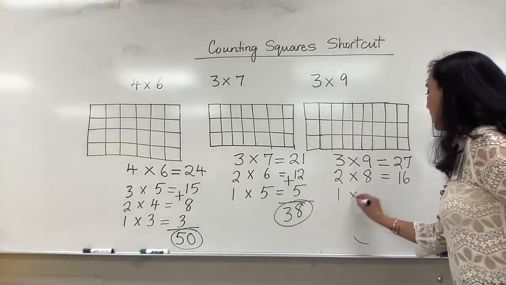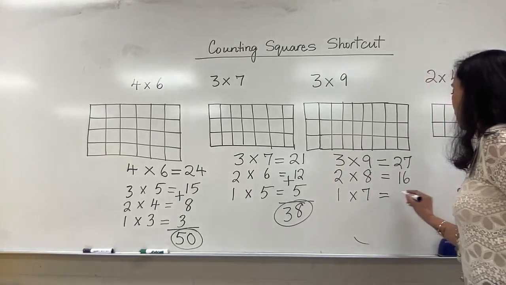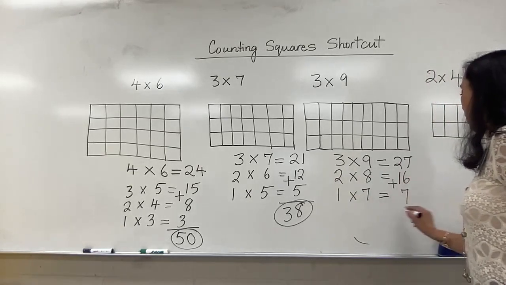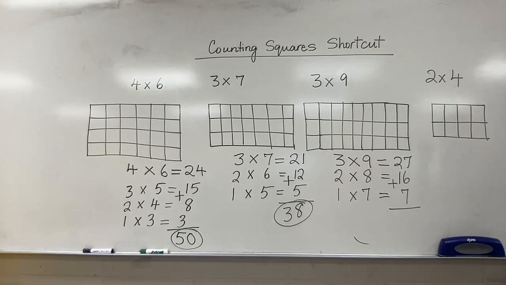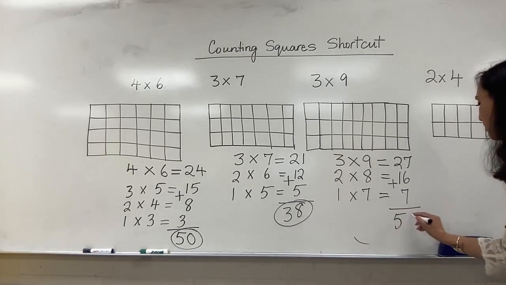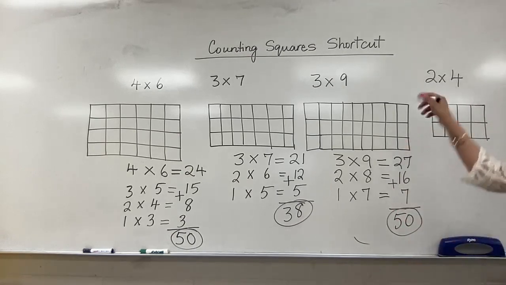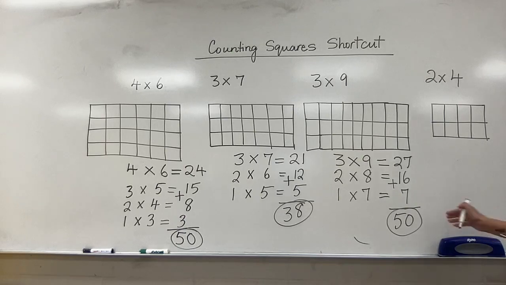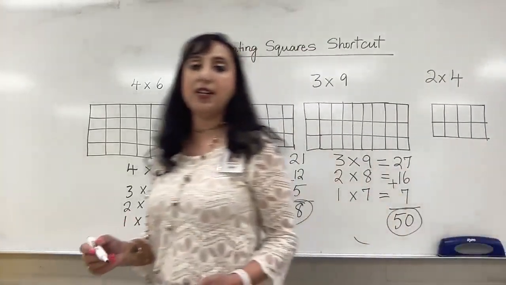Then 1 times 7, which is 7. And now I'm going to add all of this up. When I add 27 and 16 and 7, I get 50. So this shape also has 50 squares in there.